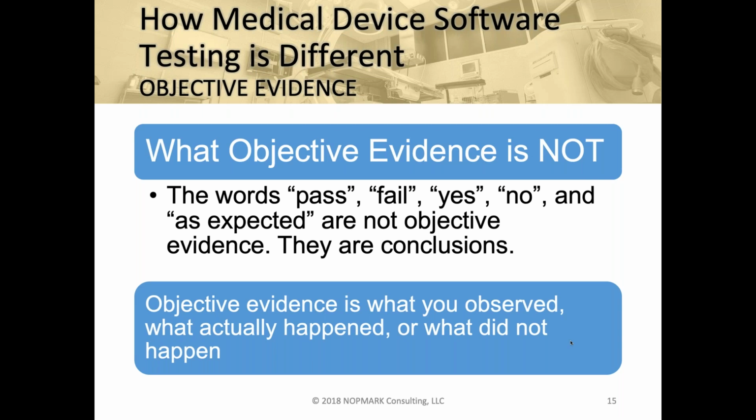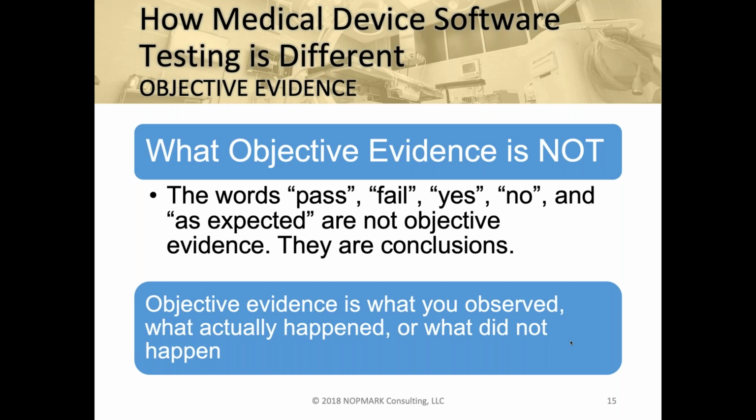So objective evidence really is, what is that thing that you're observing? What is that thing that the automation is doing an assert on? Whether it's, okay, the screen shows these values, or the automation asserted on a number and the number was greater than 6, that actual thing that you're looking at is the objective evidence.